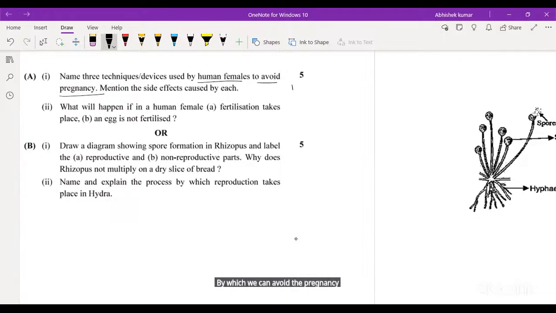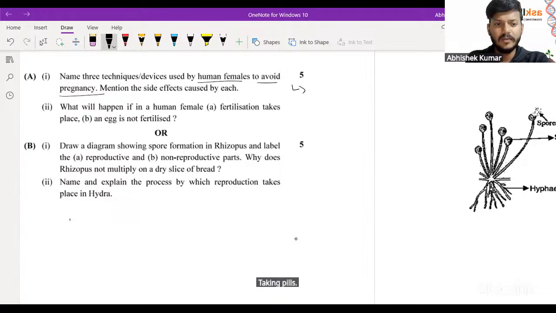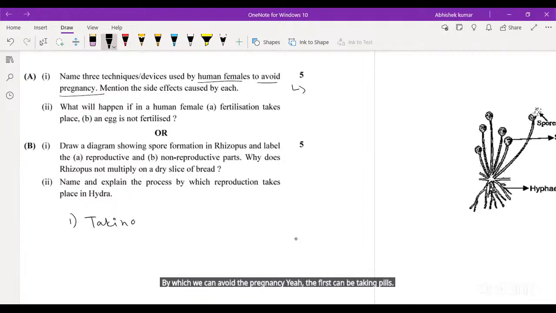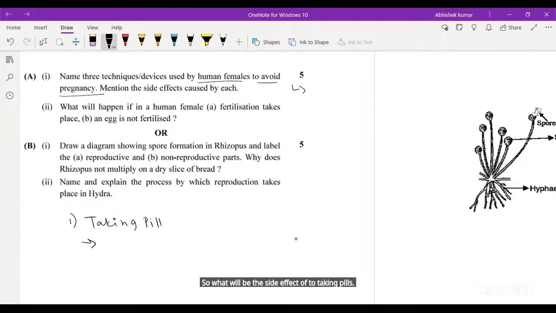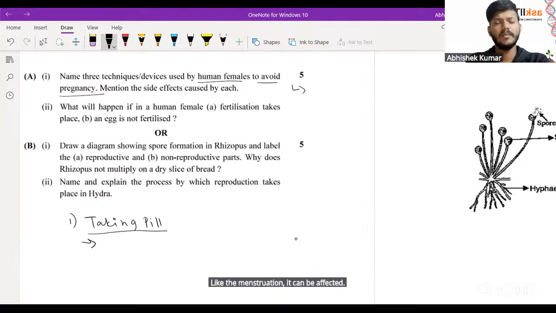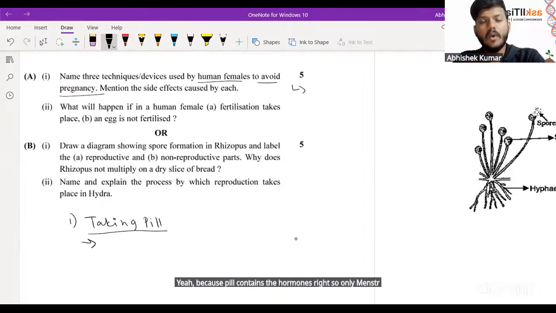Taking pills. Yes, the first can be taking pills. So what will be the side effect of taking pills? Like the menstruation can be affected. Yes, because pills contain hormones, right? Menstruation depends on hormones only.